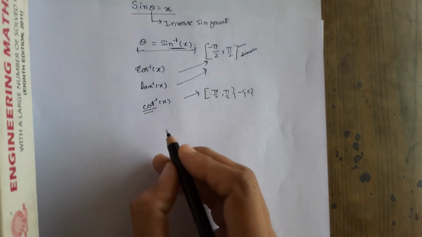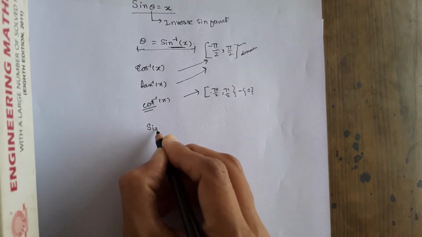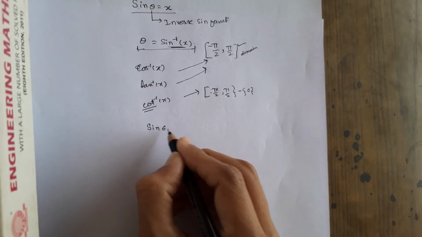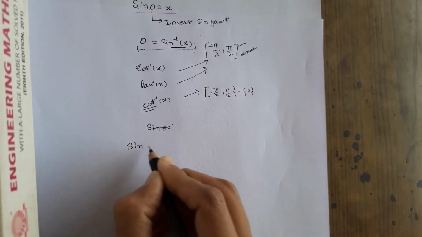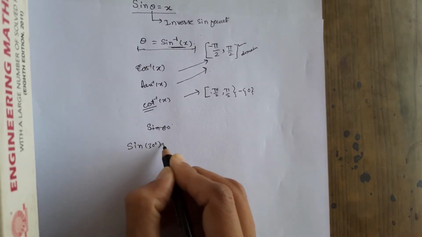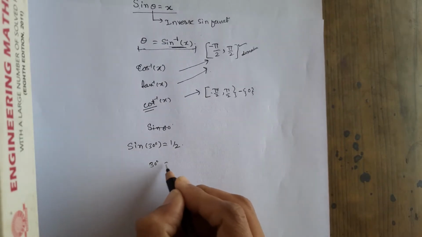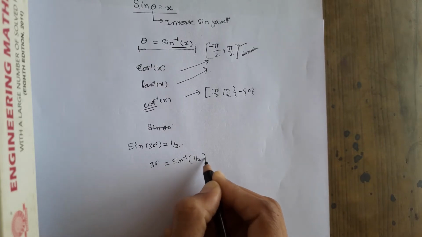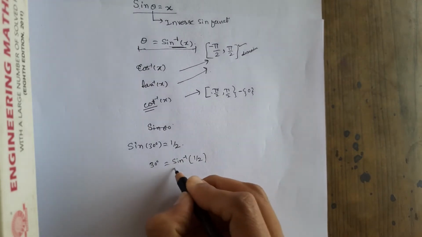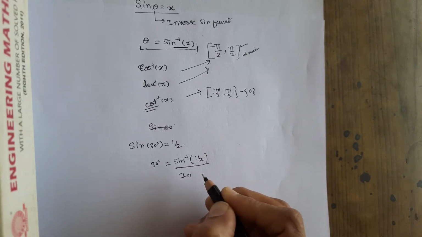So simply remember that if sine of 30 degrees is equal to 1 by 2, then this 30 degrees is nothing but sine inverse of 1 by 2. This is called the inverse sine function.